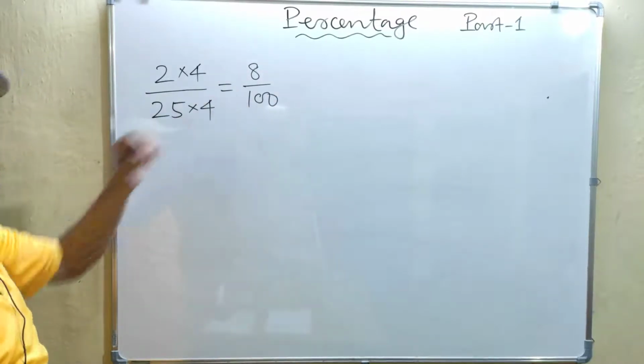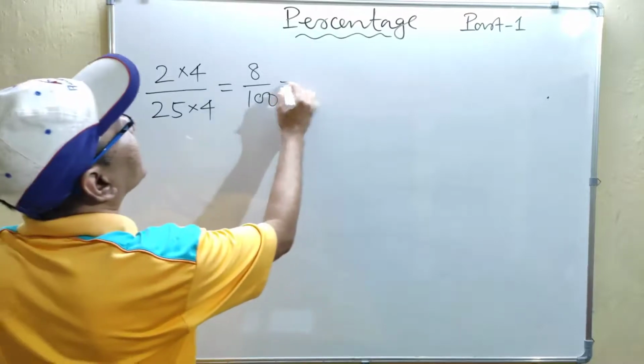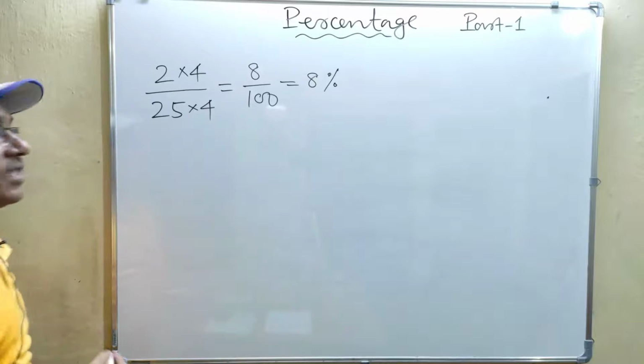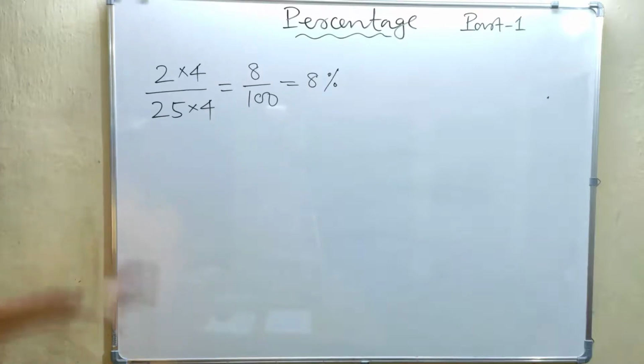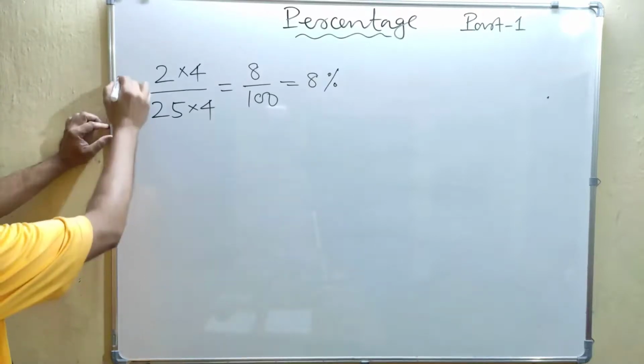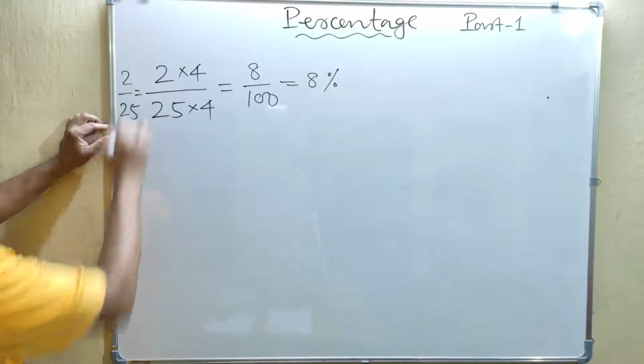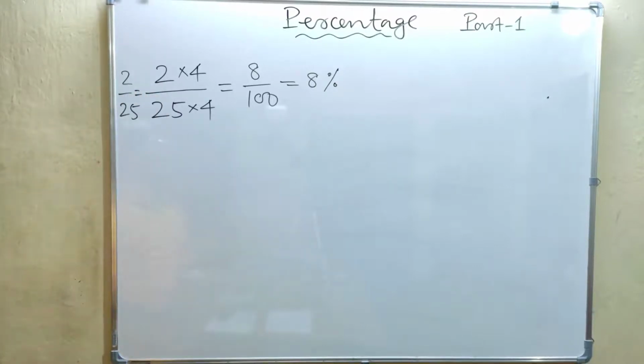Now denominator is 100. If denominator is 100, then its numerator is called rate percent, means 8%. So 2 by 25, your initial fraction, means it is 8%.